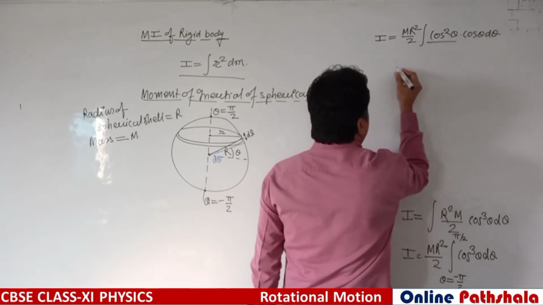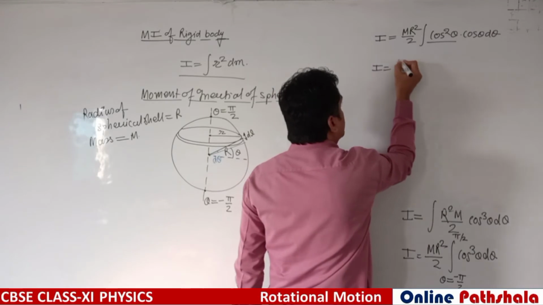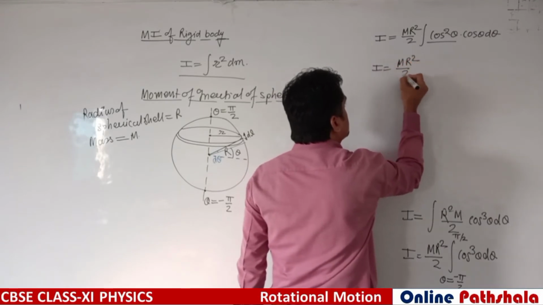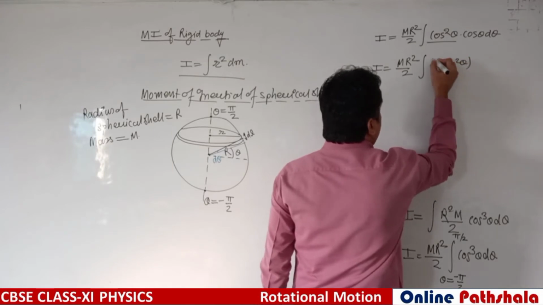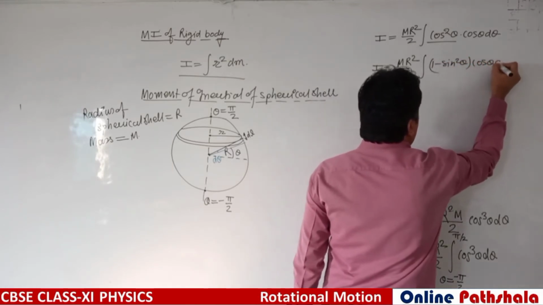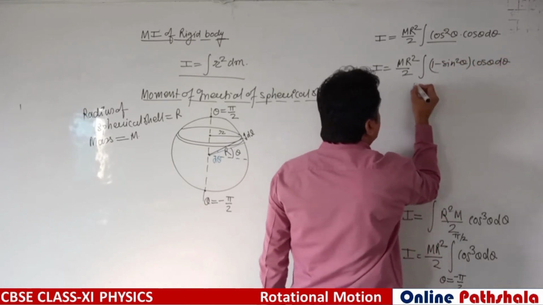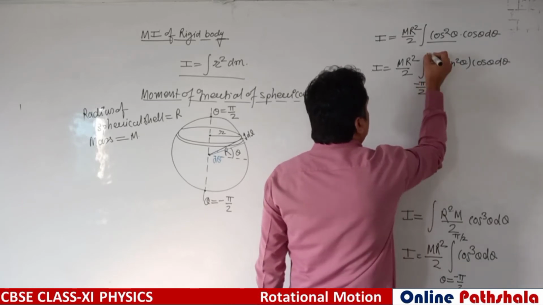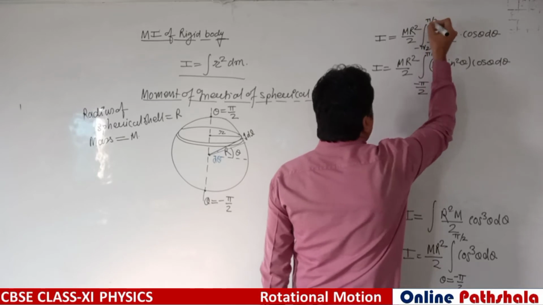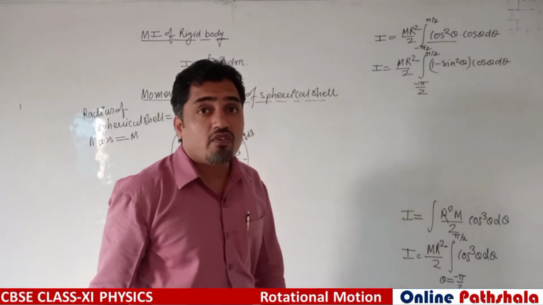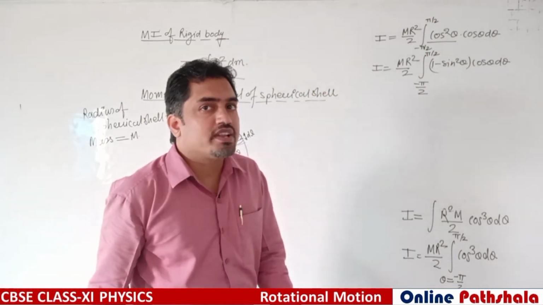Now, this cos square theta, what can we write? mr square by 2 as it is, 1 minus sin square theta into cos theta d theta, from minus pi by 2 to pi by 2. Okay. Now, what we have to do? We have to use trigonometric substitution.